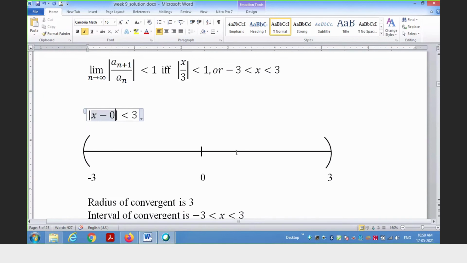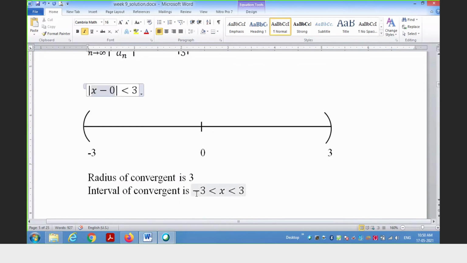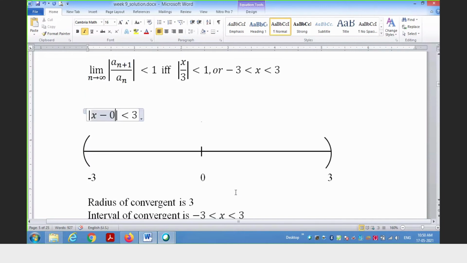All right, so the center is x equal to 0, and it can go between minus 3 and 3. So the interval of convergence is x between minus 3 and 3. The radius is 3 because it can move 3 units to the right and 3 units to the left. And that's why the radius of convergence is 3.